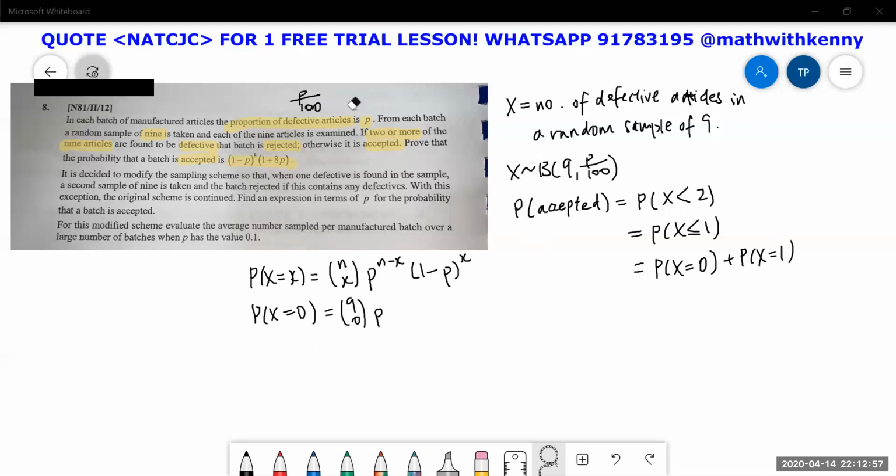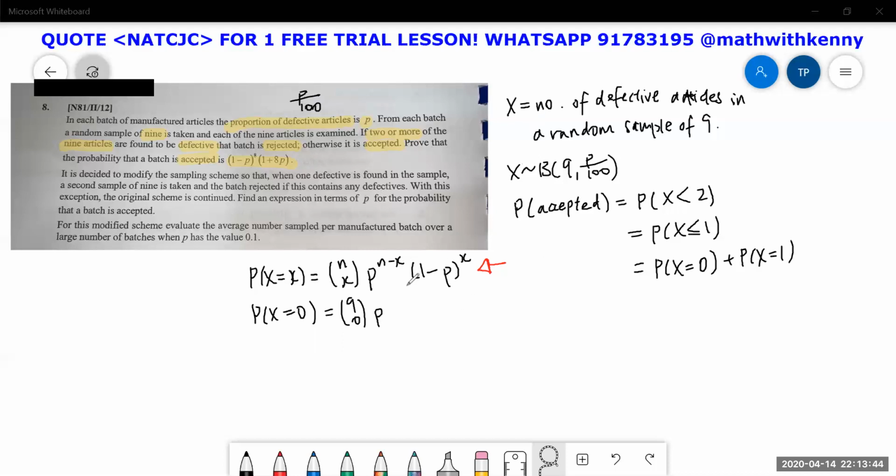That's why we need to use the probability formula, which is the formula in your book. P(X less than 2) is used because they said 2 or more will be rejected. We want to find accepted, so it must be less than 2, and it cannot be inclusive, because 2 will be rejected also.